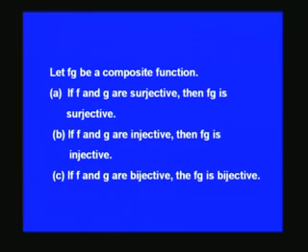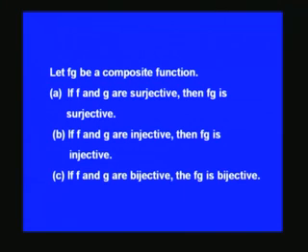Now, let us see some properties of surjective, injective and bijective functions. If you have a composite function fg: if f and g are surjective, then fg is surjective. If f and g are injective, then fg is injective. If f and g are bijective, then fg is bijective.